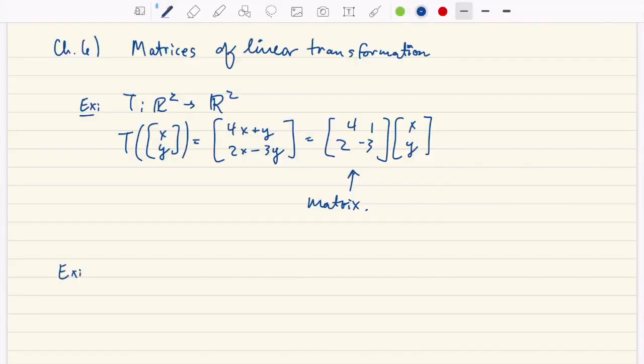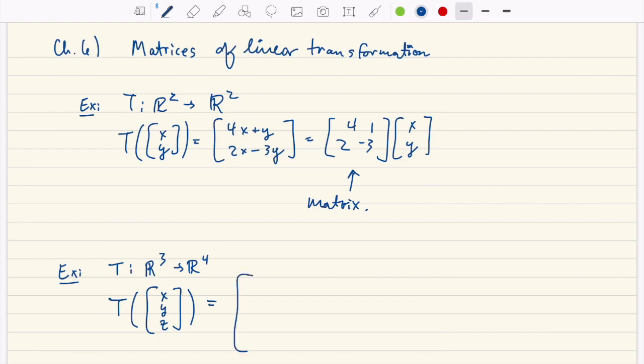So we could also look at a map from R3 to R4, where T of (x, y, z) is going to be 4x plus y plus z, 3x plus y plus 4z, 1x plus 5y plus 9z, and then negative 2x.